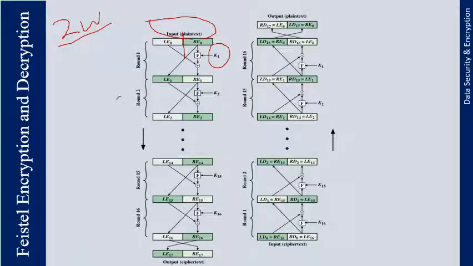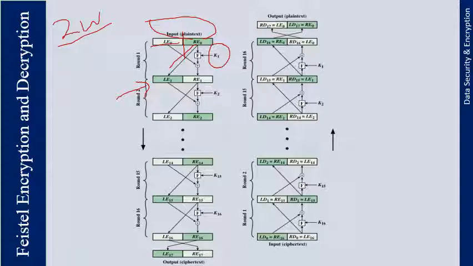For example, if you look at round 2, the inputs are derived from previous rounds: LE1 is derived from RE0, and RE1 is derived from a combination of RE0 embedded with a key and an exclusive OR with LE0.